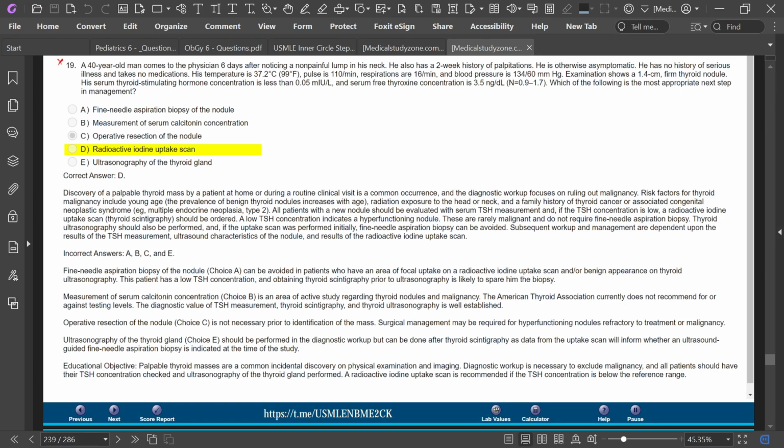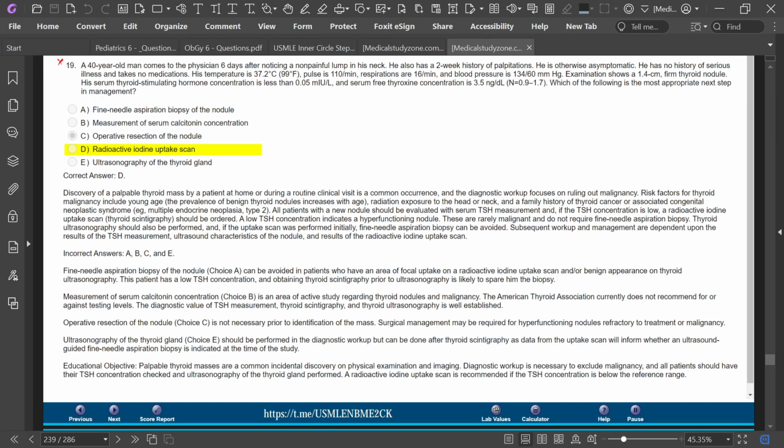But look at that, here it says consider fine needle aspiration based on size and ultrasound findings. But the ultrasound findings only work if it's a cold nodule or if the TSH is elevated. You get what I'm saying?